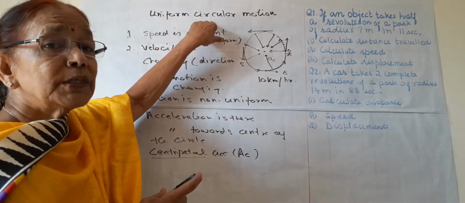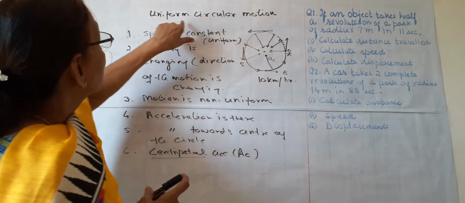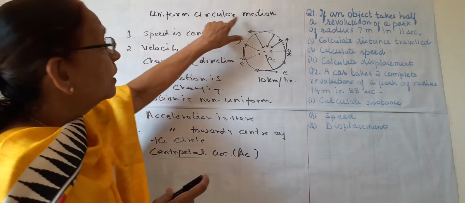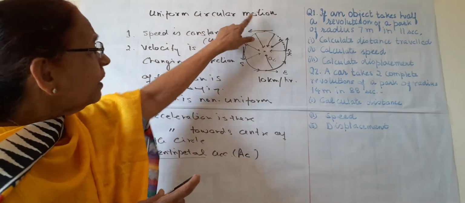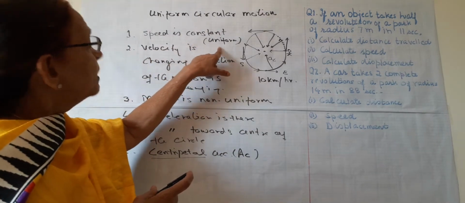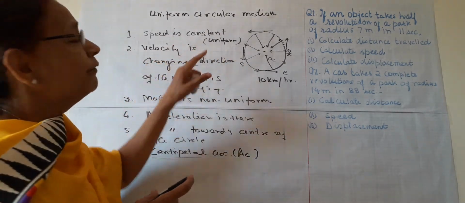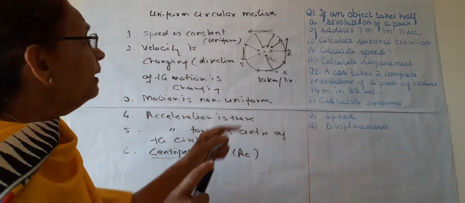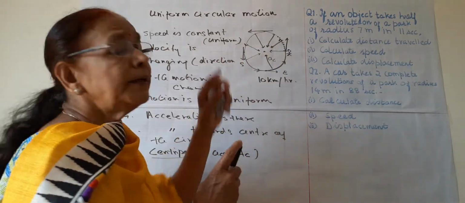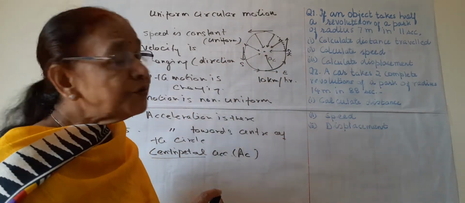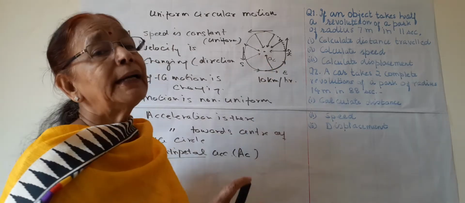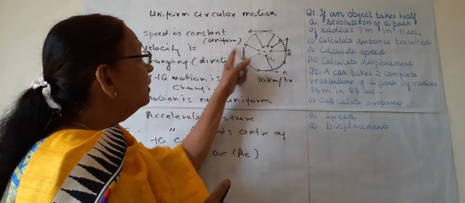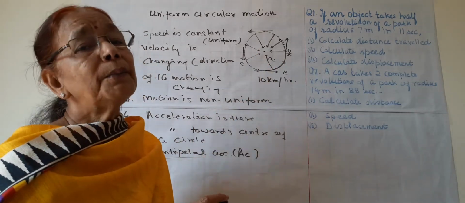So it is uniform circular motion, and the characteristic is speed is constant but velocity is not constant. At every point the velocity is changing. Why? Because direction is changing in this circular path.